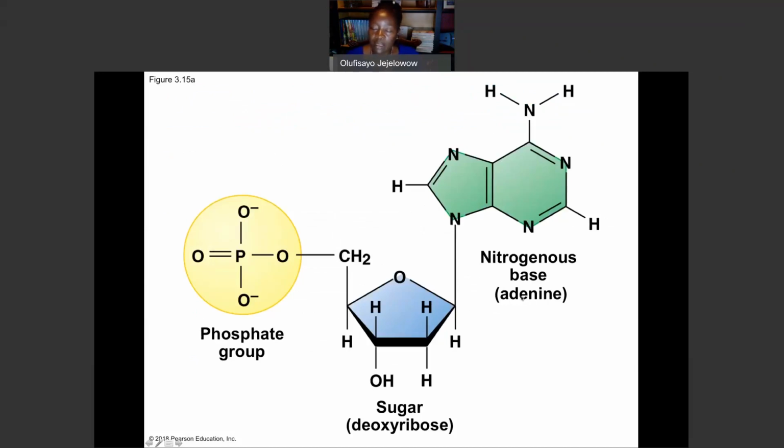In RNA, we will find 4 nitrogenous bases: adenine, cytosine, guanine, and uracil. In DNA, we'll find 4 nitrogenous bases: adenine, thymine, guanine, and cytosine.